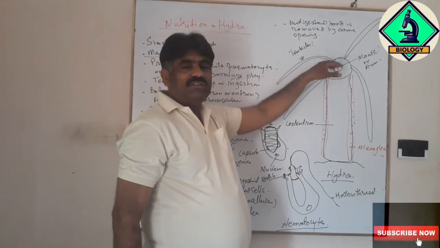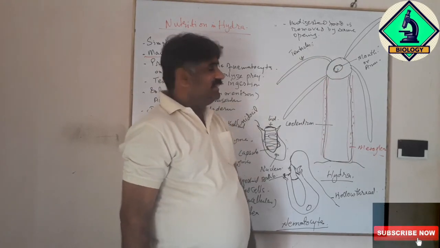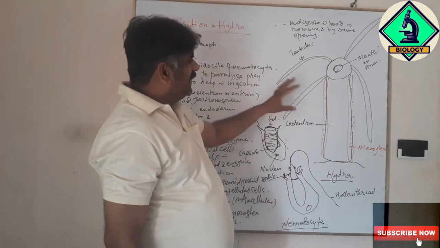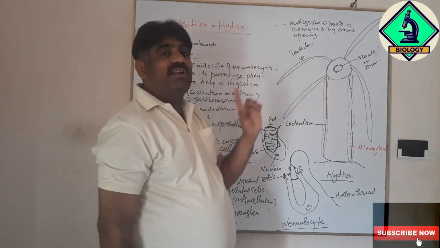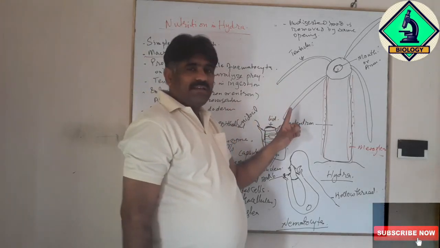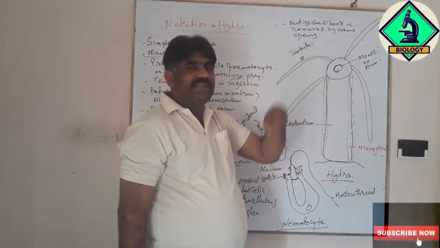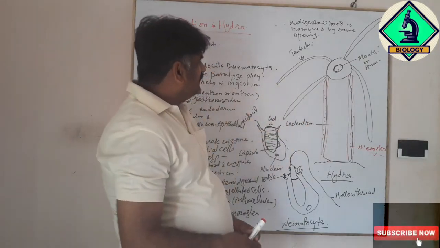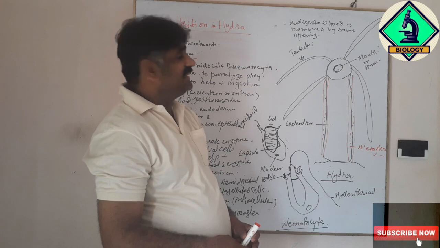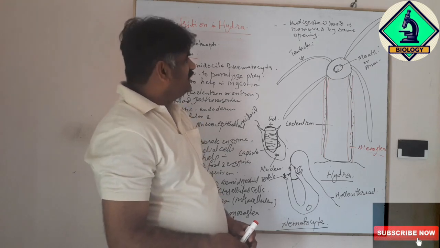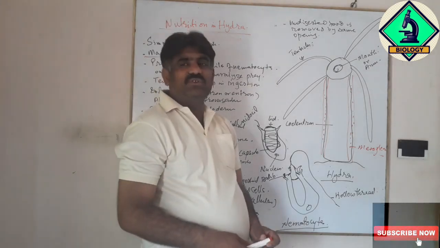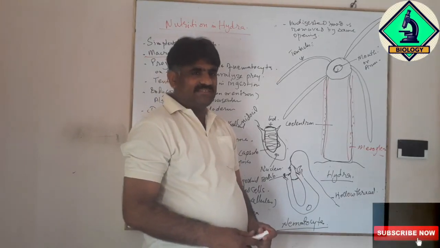Surrounding the mouth are the tentacles. These tentacles help to paralyze the prey and also help in feeding or ingestion. Tentacles have some specialized cells called cnidocytes which produce nematocysts.